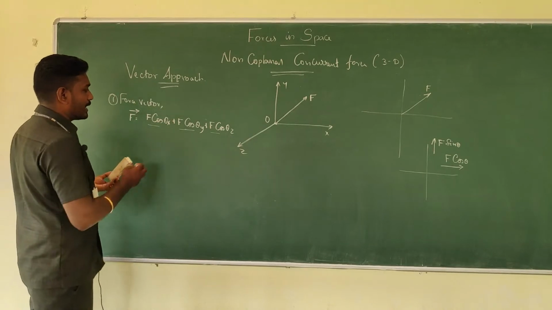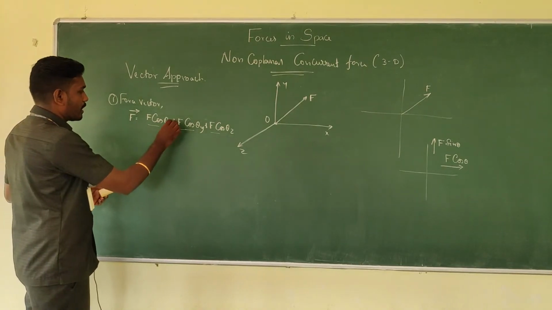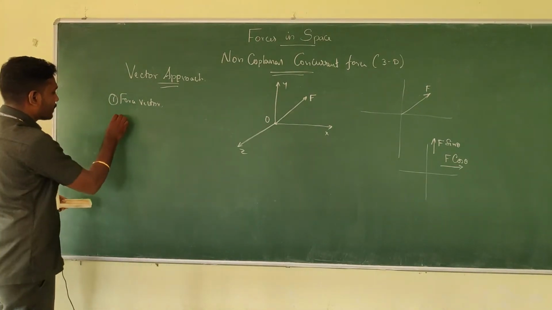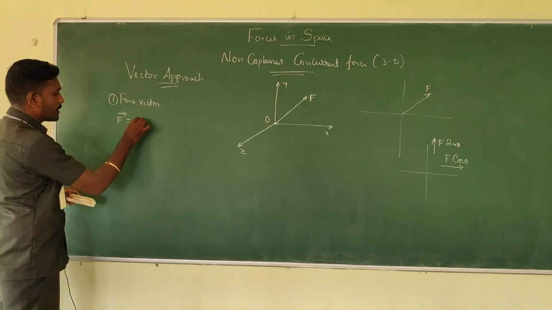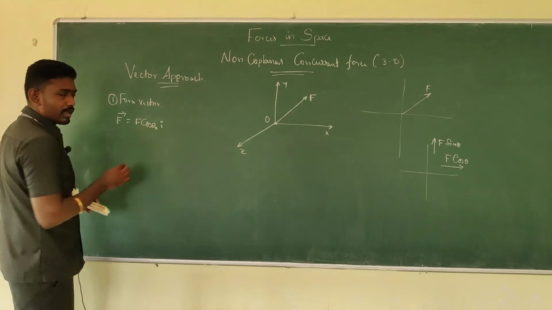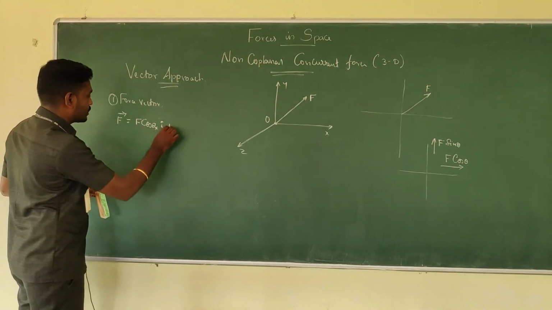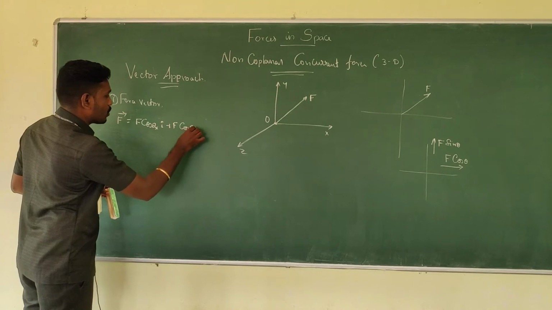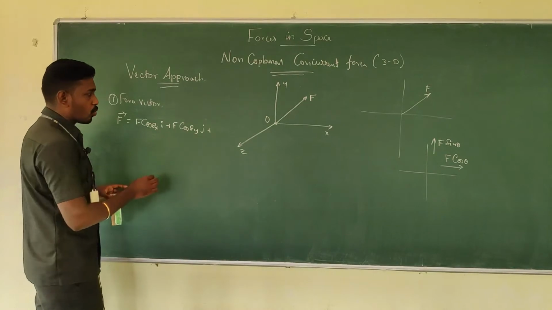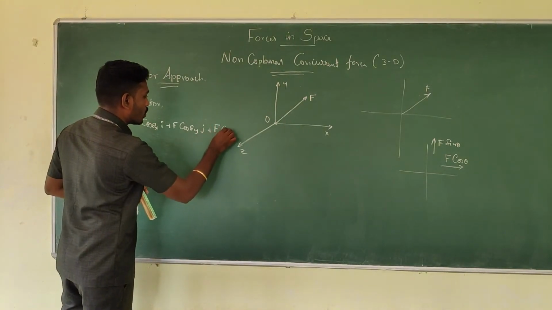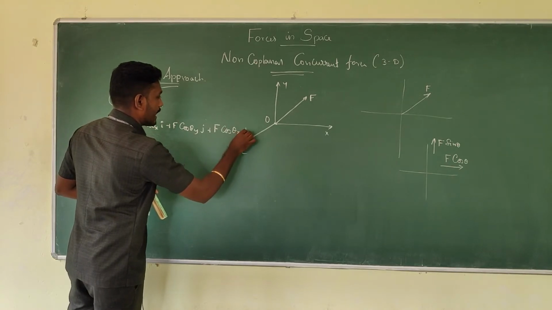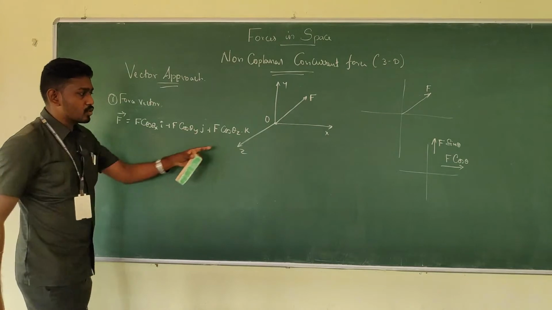When you include the vector format, it can be written as F vector is equal to F cos theta x i, where i is for the x component, plus F cos theta y j, which says it is directed towards y, and F cos theta z k, which says it is directed towards z.